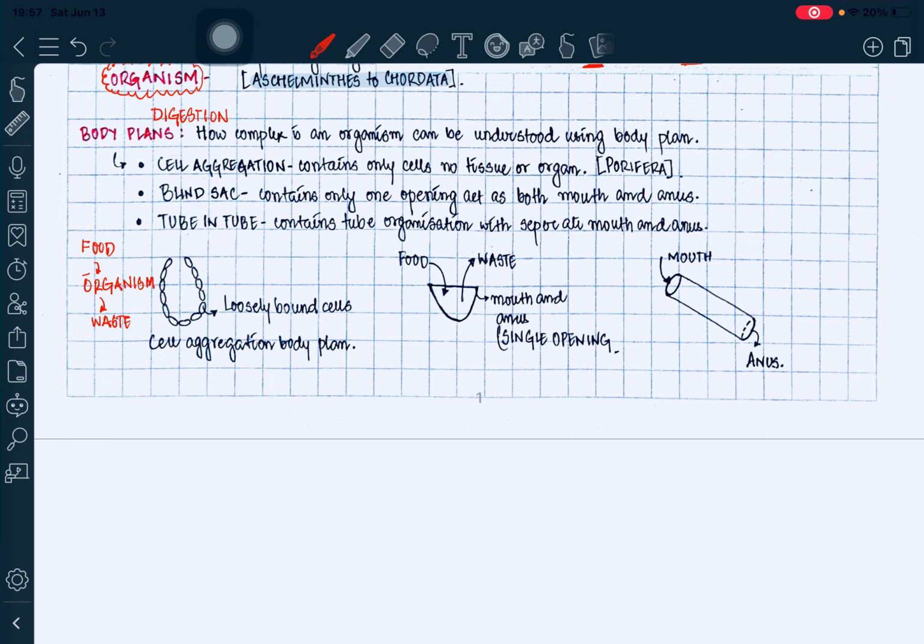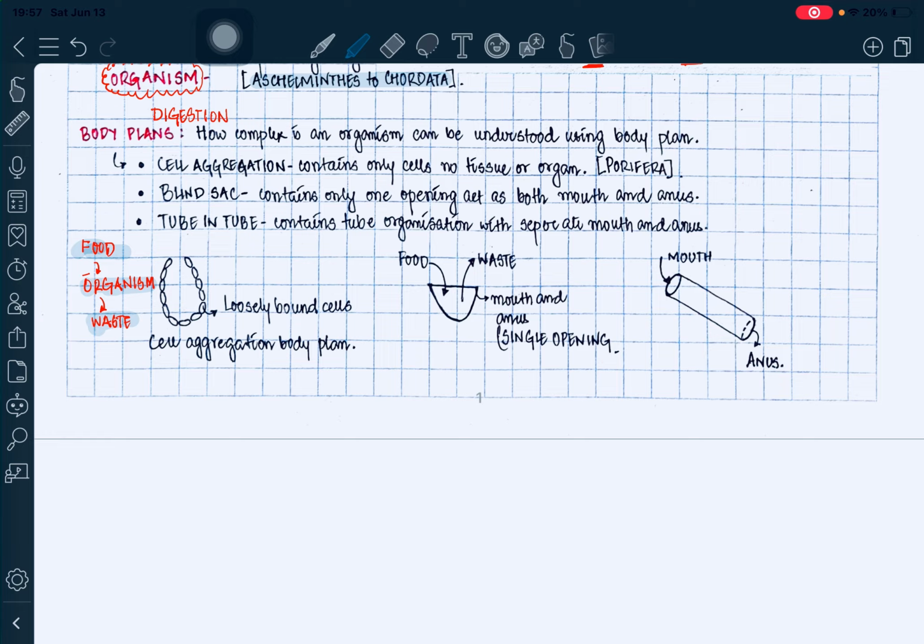That is the function of the digestive system. They will take the complex food from outside, right? After that it will be digested, and unwanted, unused food will be released in the ecosystem or in the environment as waste.